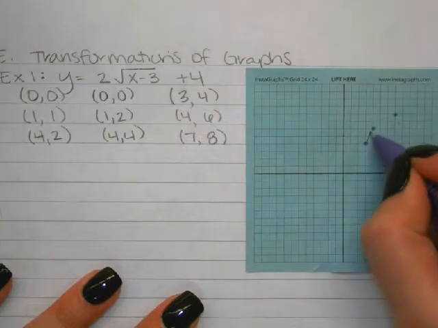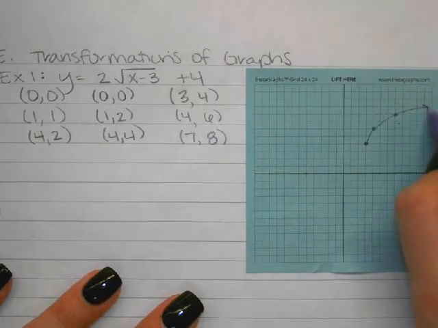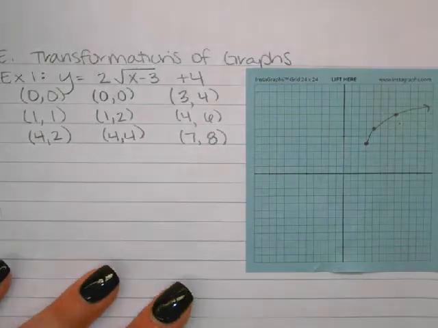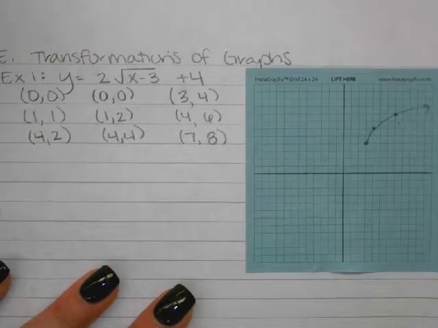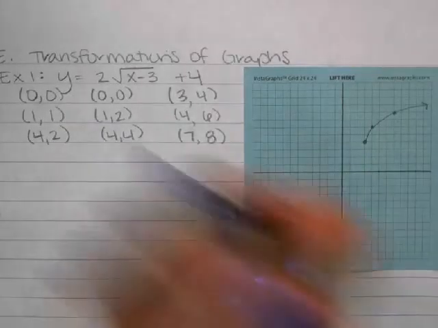There we go. So you can see it looks a little bit taller than the parent function did, and it's definitely been shifted to the right. All right, example 2.